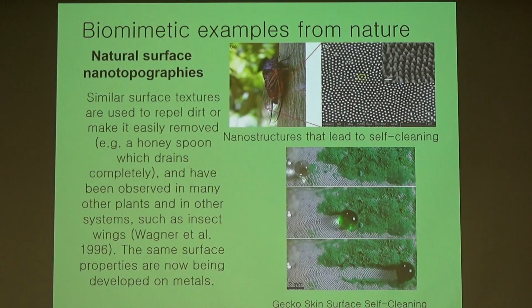So a lot of people are looking at natural surface nanotopographies for inspiration. So I talked about the anti-wetting, the self-cleaning. That can have lots of applications, particularly in medicine. There are lots of people working on it here, looking at natural surface nanotopographies for medical applications, using these simple physical surface technologies.